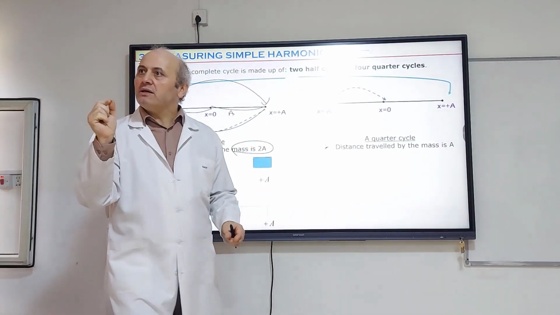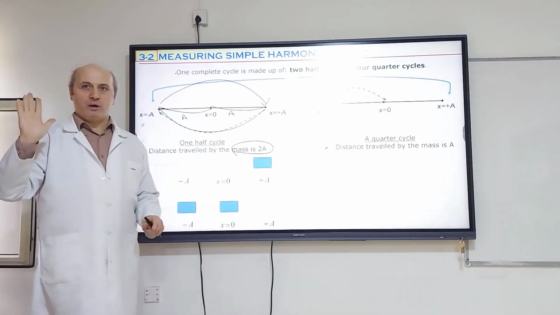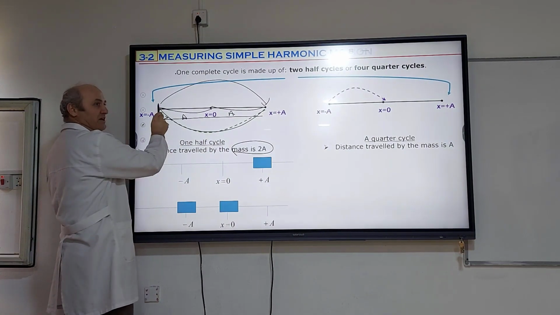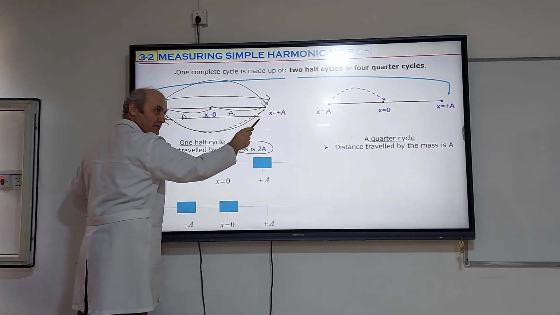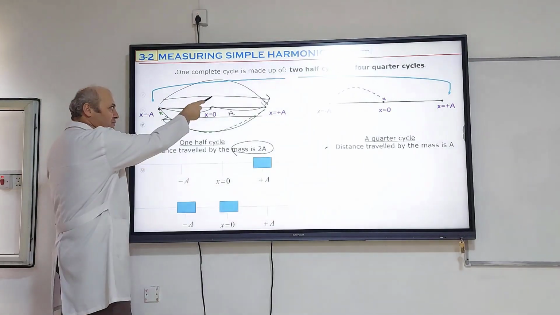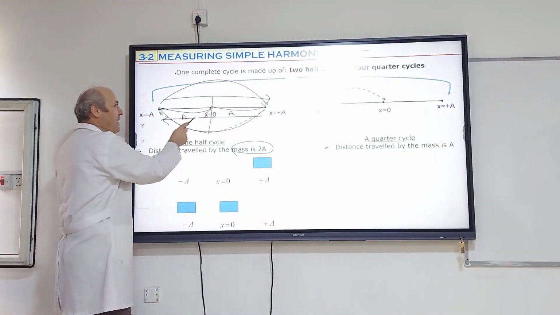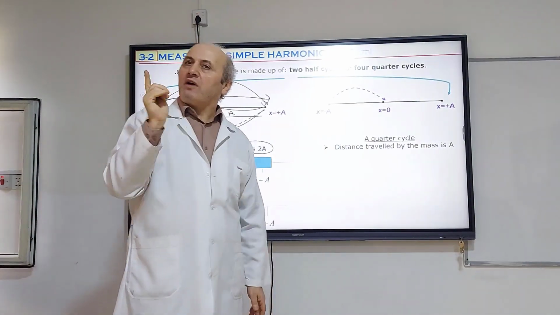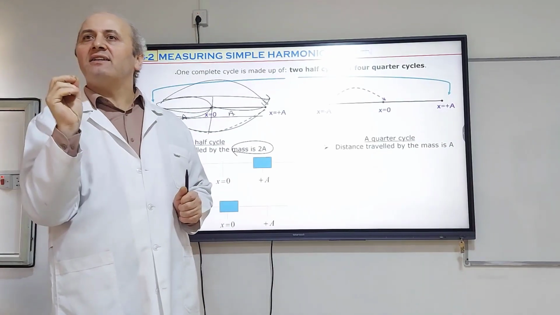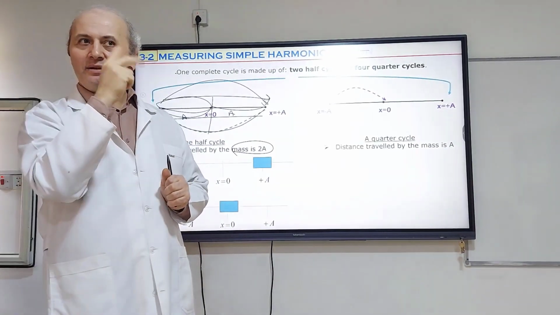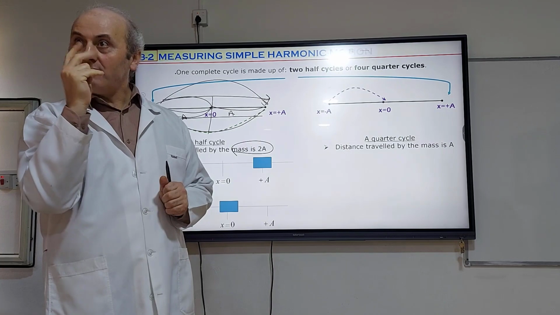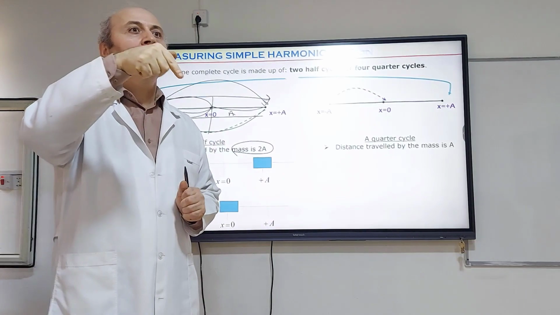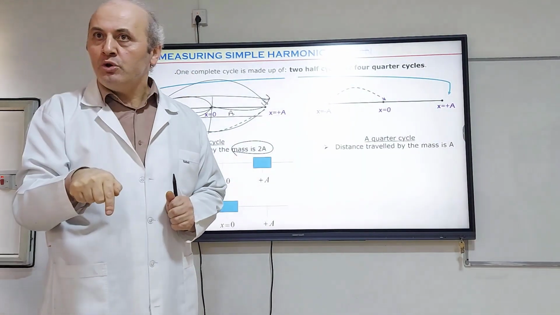But displacement, we are not sure what happens. It can be 2A to the right, if it goes from negative A to positive A. Or 0 is also possible if the object starts from here, A plus A to A. So, the displacement of a vibrating object in half cycle can be between 0 and 2A, depending on where the object starts to vibrate.